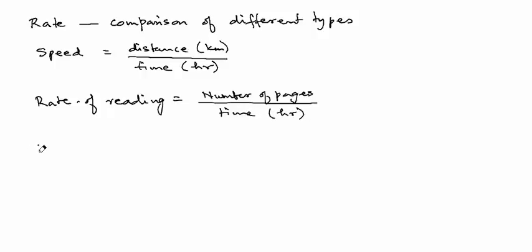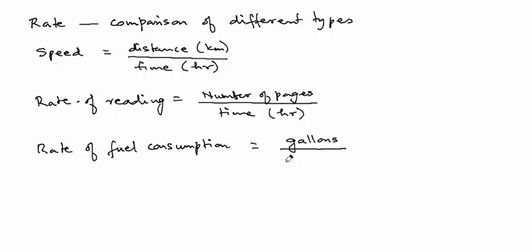Or let's say the rate of fuel consumption for an automobile, that's given in the number of gallons of fuel consumed over the distance covered. So gallons per kilometer or something like that. You would typically use the idea of proportions to solve problems related to rates.